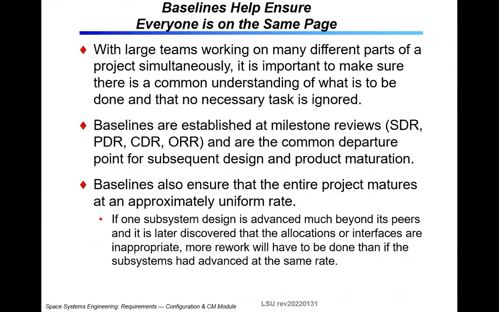These kinds of baselines are important because they help you communicate just exactly where you are in the project. The other thing to keep in mind is that these baselines will change as you go through the project. We go through a PDR, CDR, and FRR process, and each time those baselines will change. You will update your baseline as you do it.